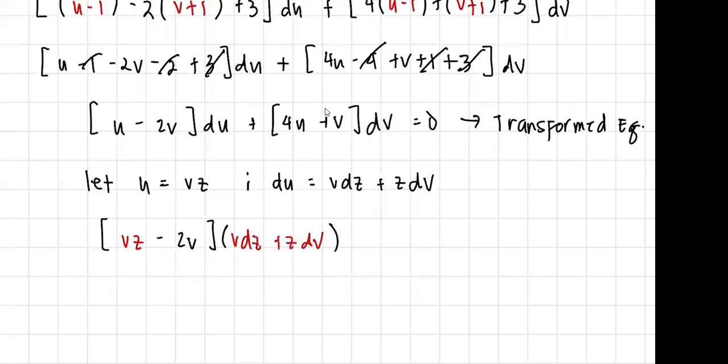Okay? So, plus 4 times vz plus v dv is equals to 0. Okay? Then what we can do next is to combine.